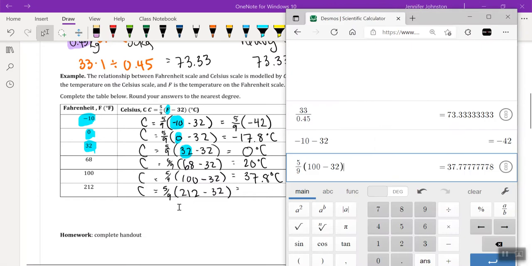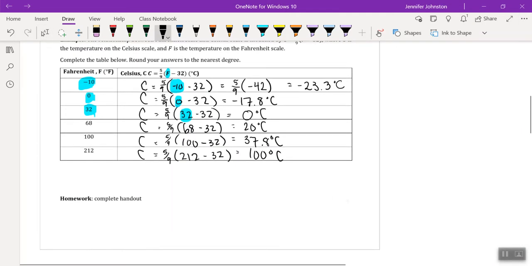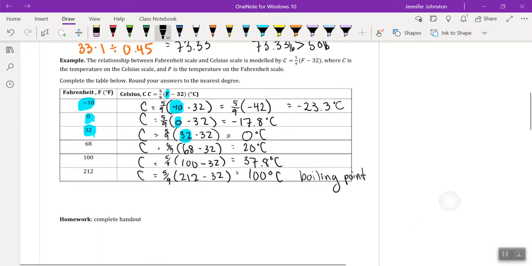What if it's 212? Oh, boiling, 100 degrees Celsius. That's the boiling point. So obviously not an outside temperature, but definitely a temperature on top of a stove.